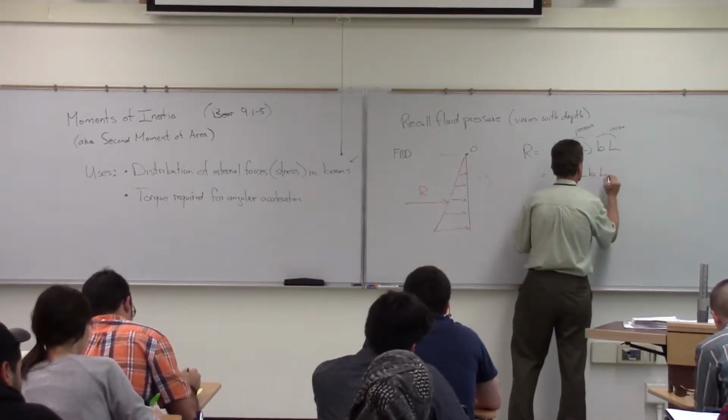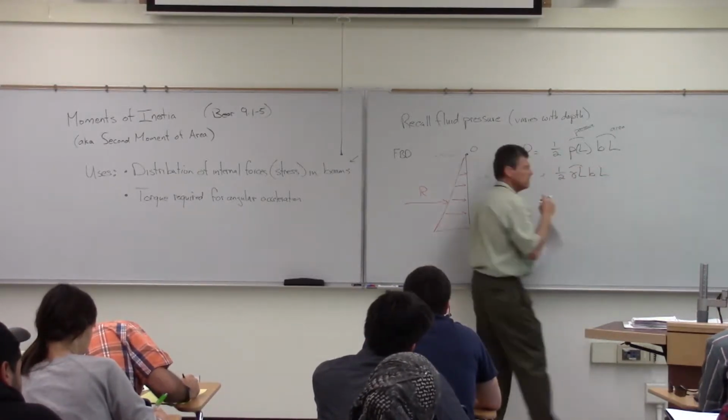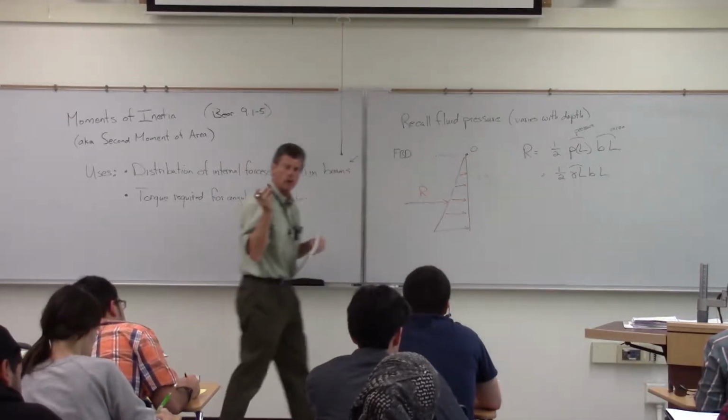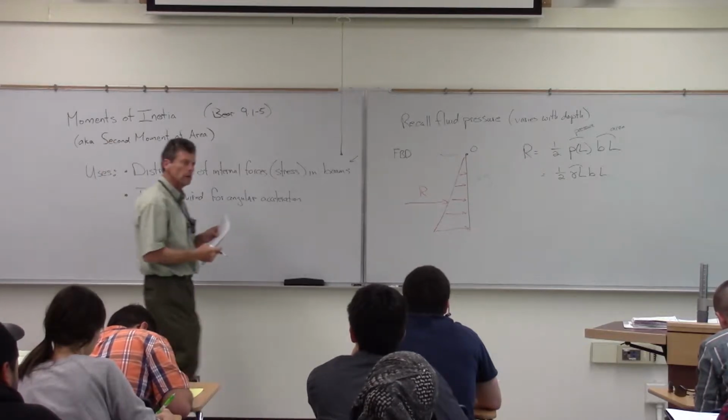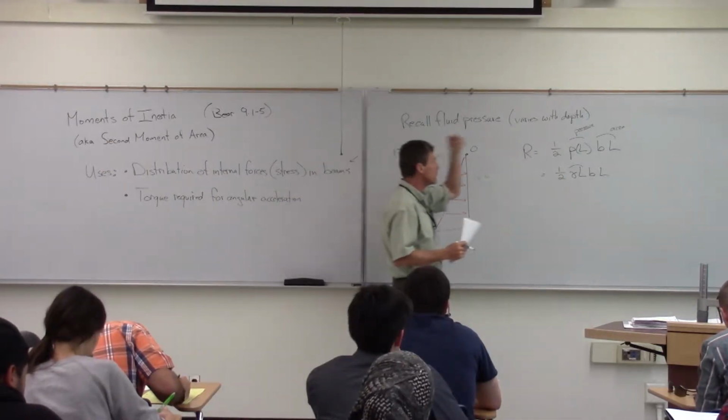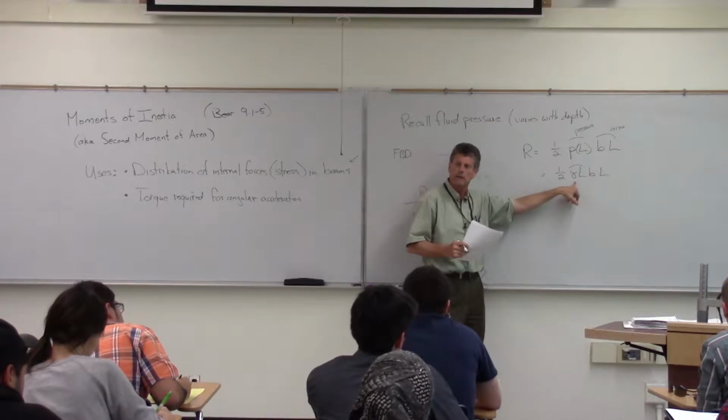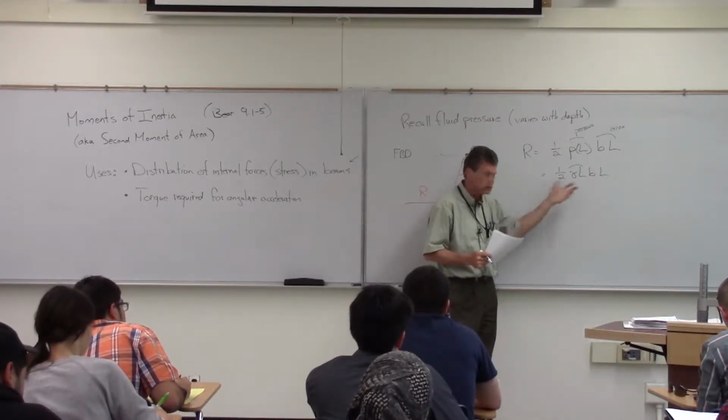Oops, I think I'm missing my L there. Again, in the English system, the pressure was described by the specific gravity and then how far down we are. If we were doing it in the SI system, then it would be density times the acceleration of gravity, rho times g.